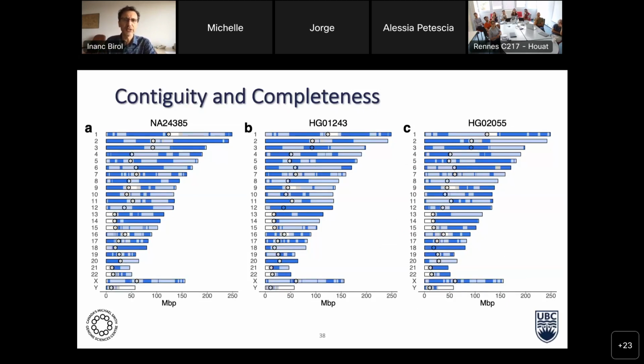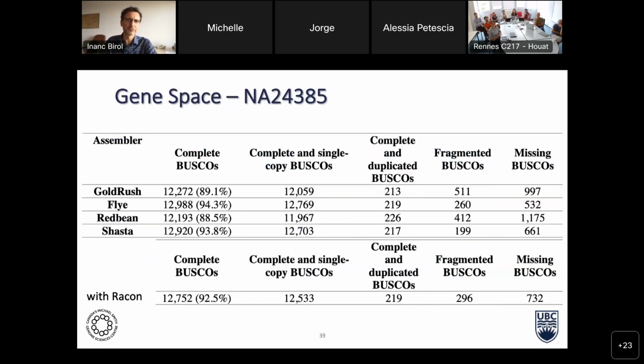Now, of course, the other question is, you can look at the genic space. Here, I'm showing the BUSCO completeness for the human genome NA24385.